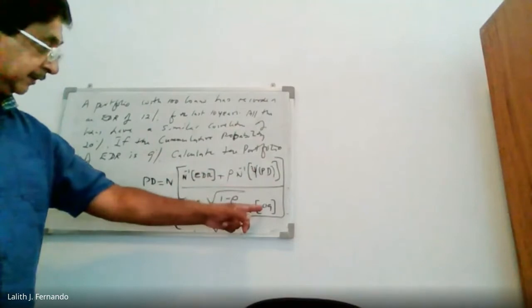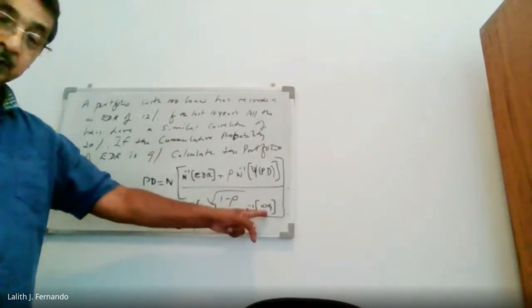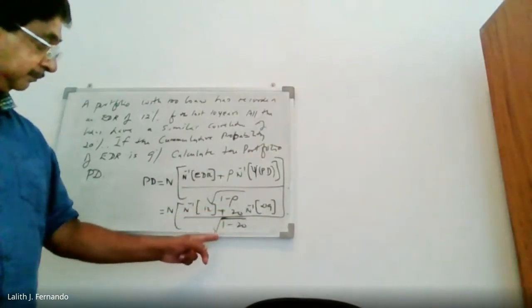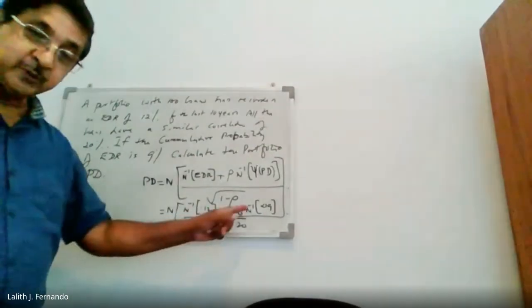Theta PD is substituted with 0.09, that is 9%, and rho is 0.20. Those are the only substitutions.